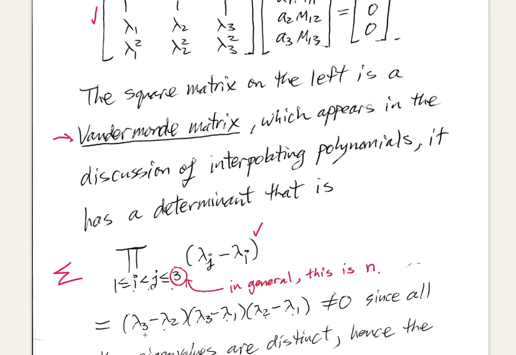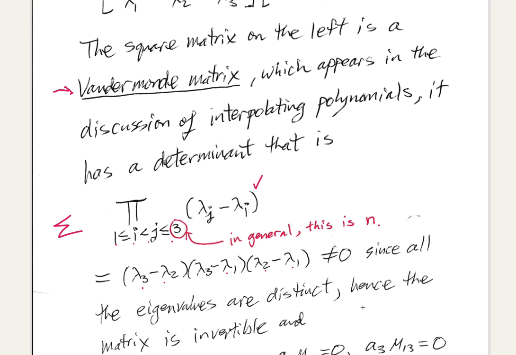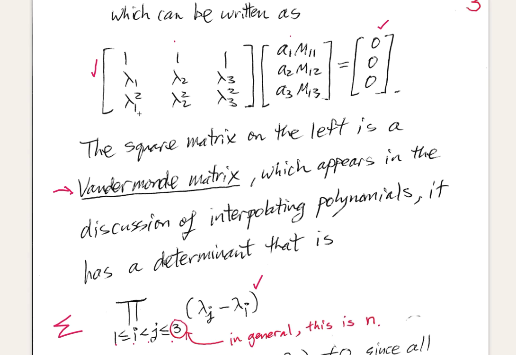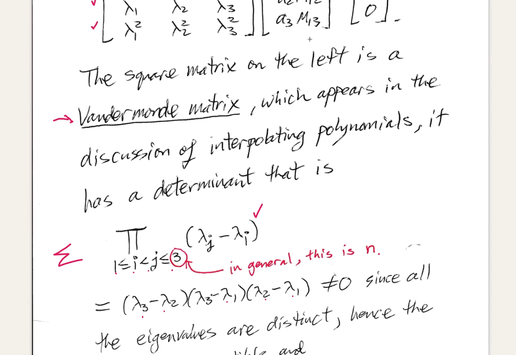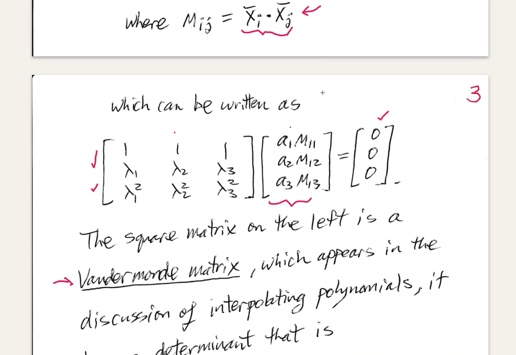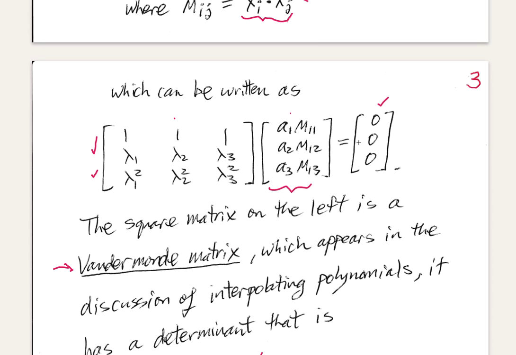Because these are all distinct eigenvalues, notice that each of these factors is non-zero, therefore their product is non-zero. That's what I say here. What does that mean about this Vandermonde matrix up here? That means it's invertible, right? So if we imagine multiplying on both sides by its inverse, which exists, we could isolate this column right there, and we would discover that it would be the inverse matrix times the 0 vector, 0, 0, 0.